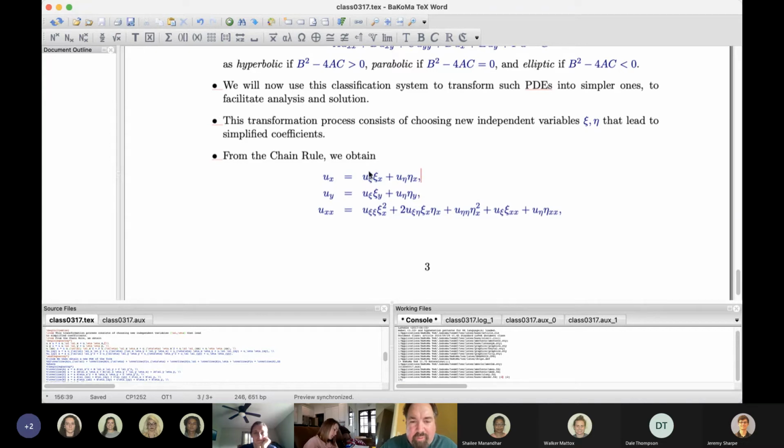So one half of a product rule that's applied to u_ξ and u_η gives me all of these terms. The other half of a product rule applied to ξ_x and η_x here give me these two terms.